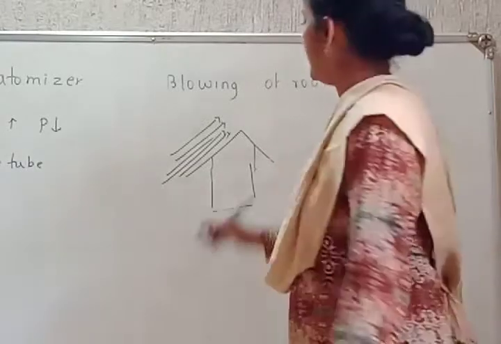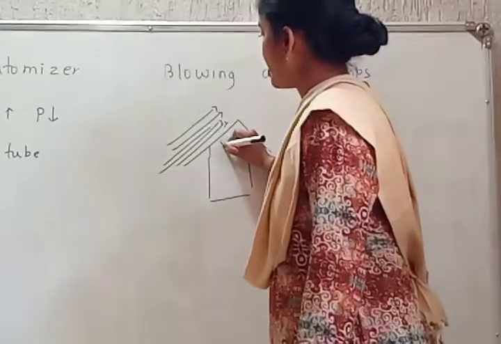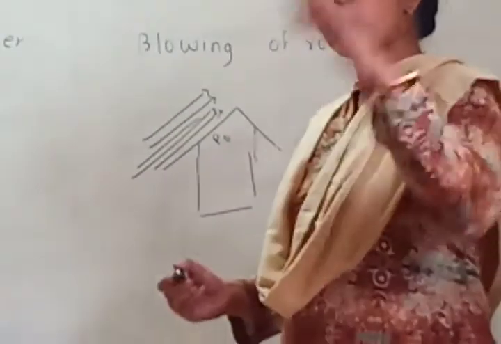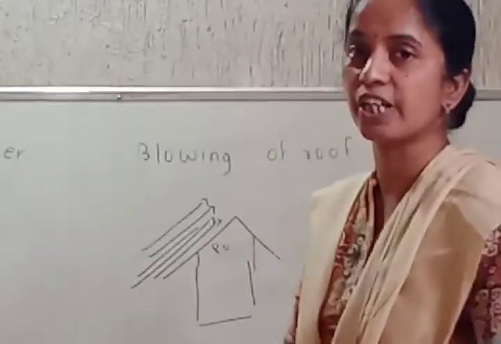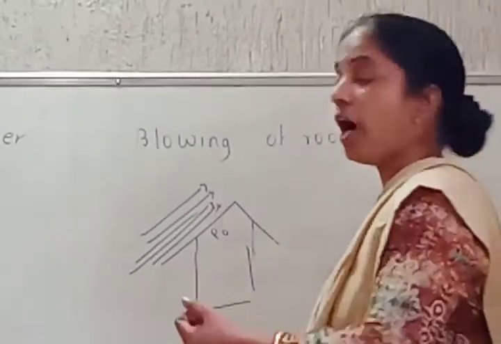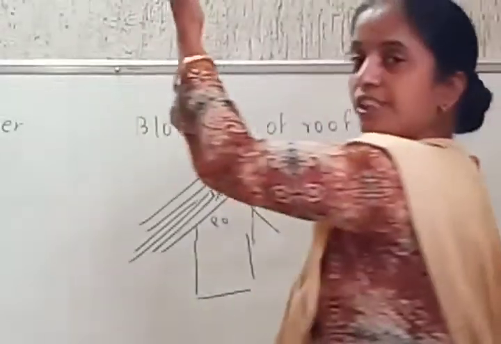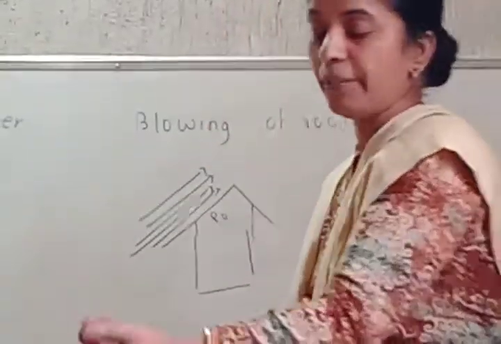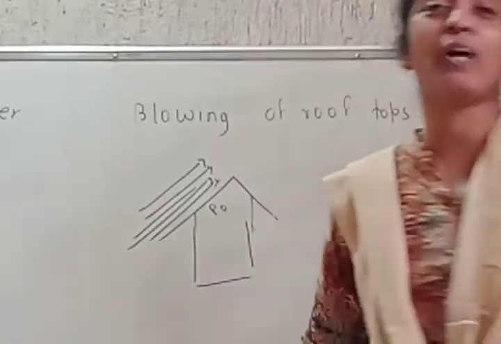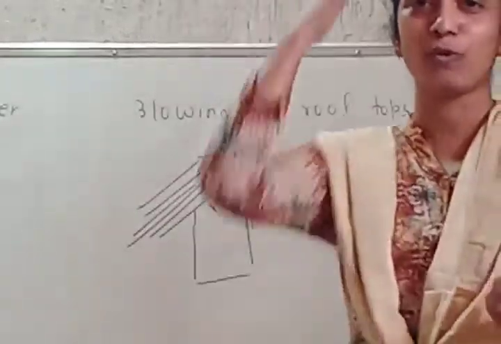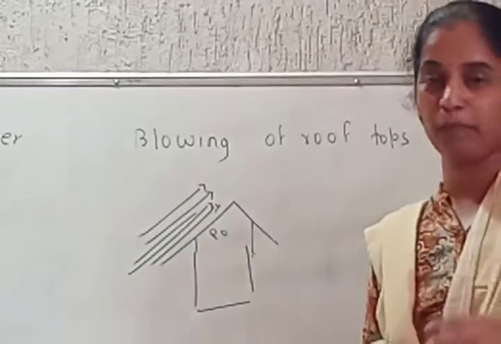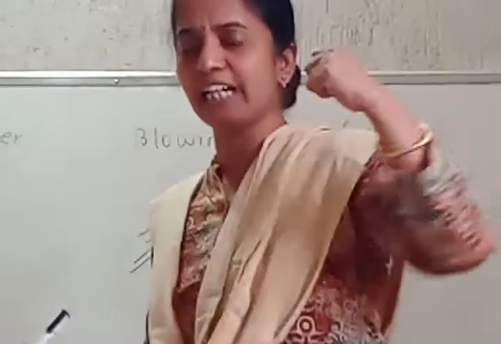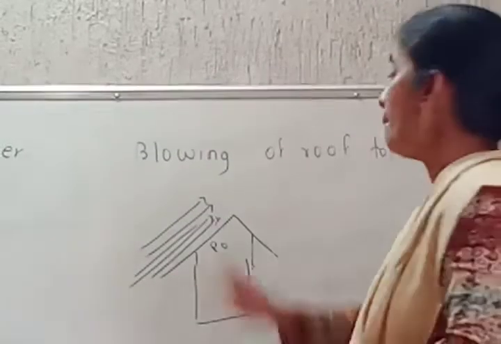Pressure is less at the top, hence the pressure at the bottom of the roof is more, and that is the atmospheric pressure, and that pressure is so high that it lifts the roof. It uproots the sheets, tears them off, like that. So that is how the blowing of rooftops takes place, because wind blows with very high speed on the rooftop.